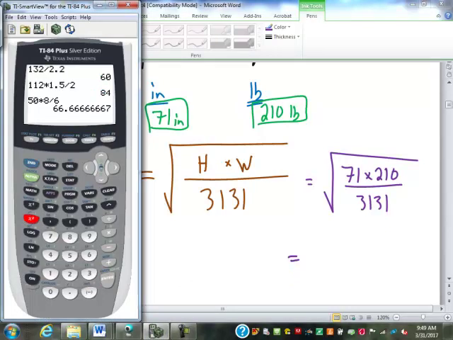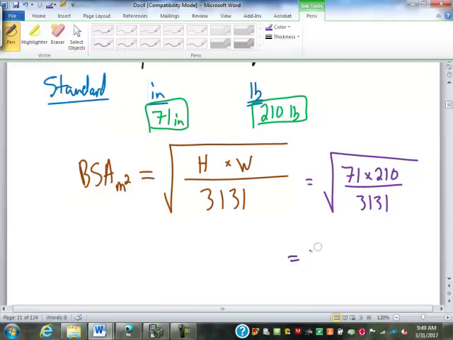So the square root of 71 times 210 divided by 3,131 is 2.18. Body surface area, by the way, is also always rounded to 2 decimal places. And that's square meters. So 2.18 square meters of body surface area.